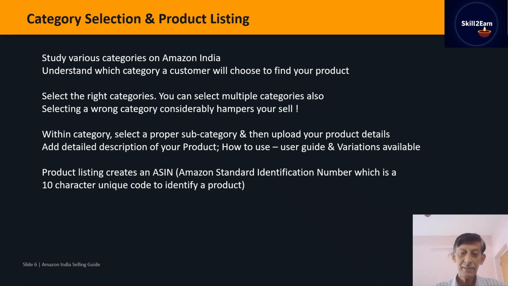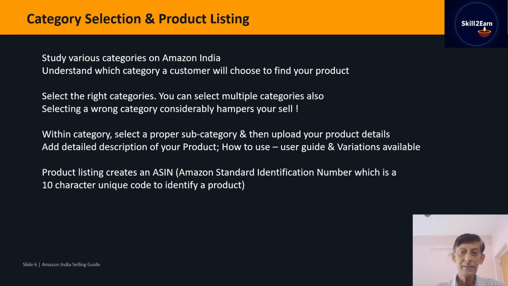Within a category, select a proper subcategory and then upload your product details. A detailed description of your products and the notes on how to use that product are required. Product listing creates an ASIN, which is Amazon Standard Identification Number. That ASIN is definitely required for each product, which is a 10 character unique code.